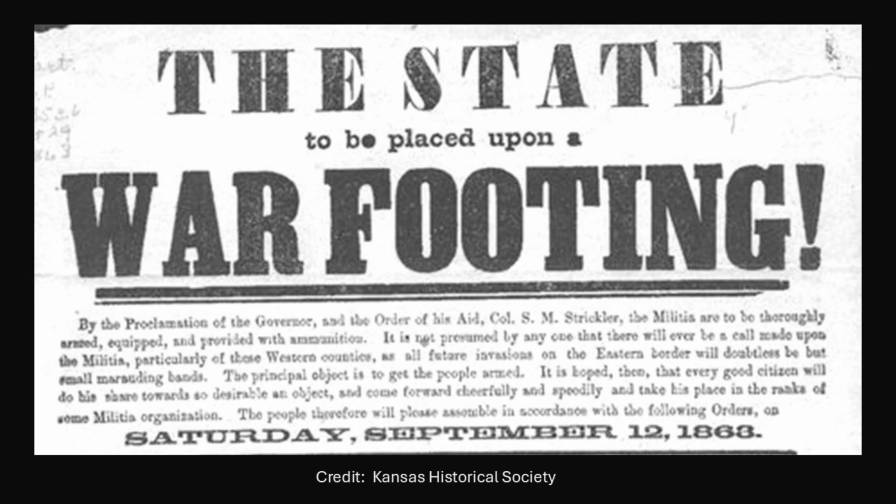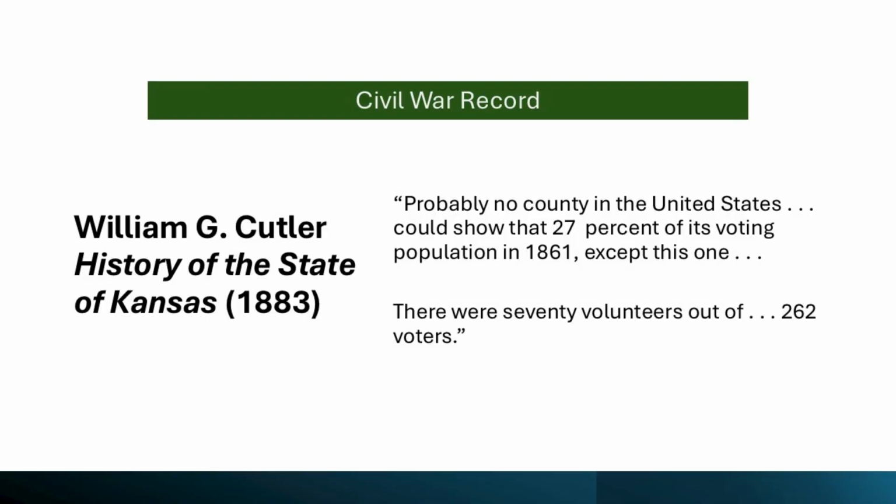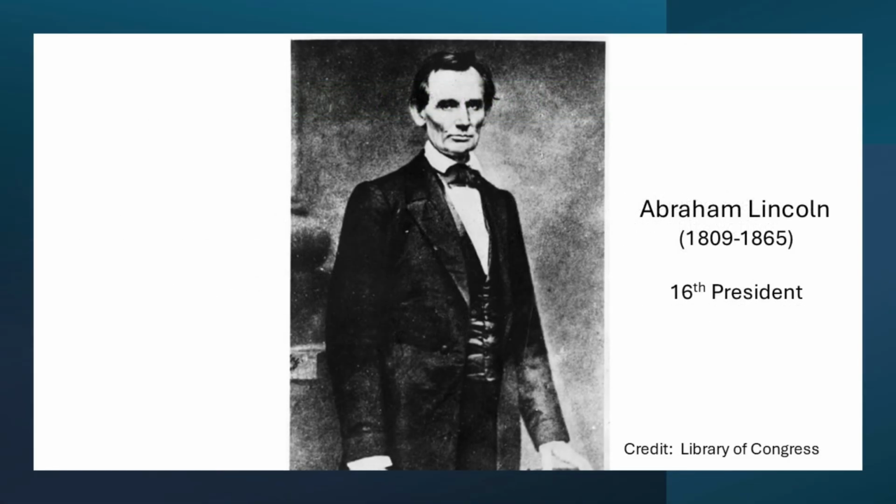Chase County in the Flint Hills, which had a population of 808 people in 1860, enjoyed a large and enthusiastic turnout of volunteers. According to William Cutler's History of the State of Kansas, published in 1883, probably no county in the United States of America could show that 27% of its voting population enlisted in 1861, except this one.